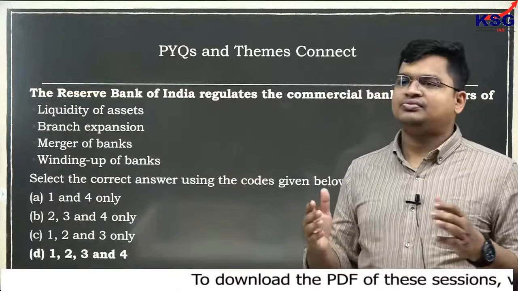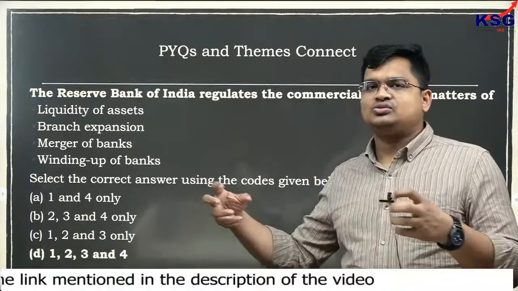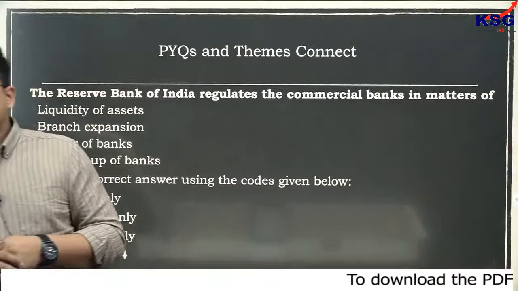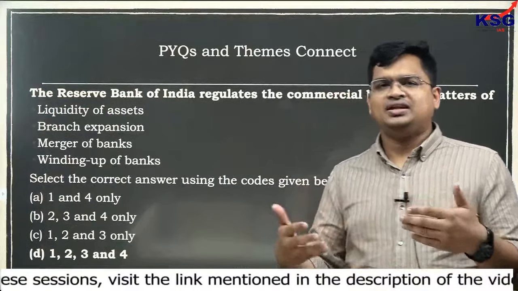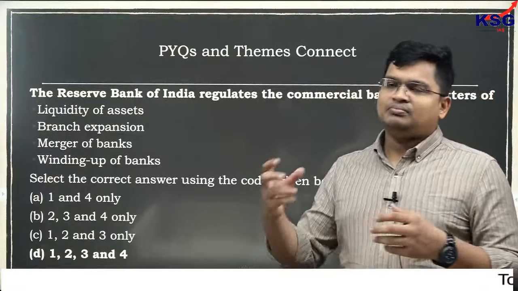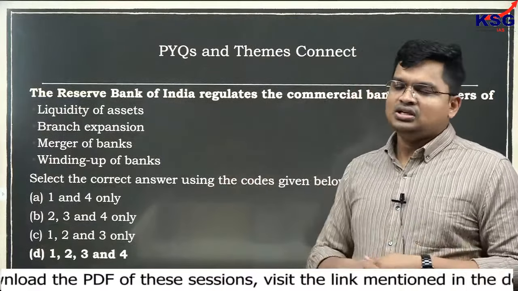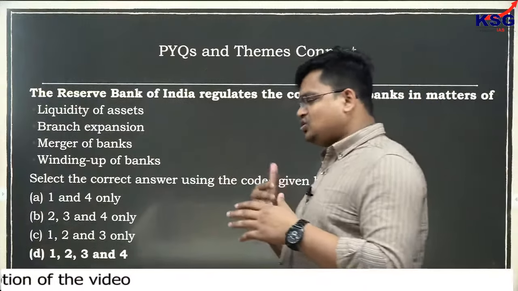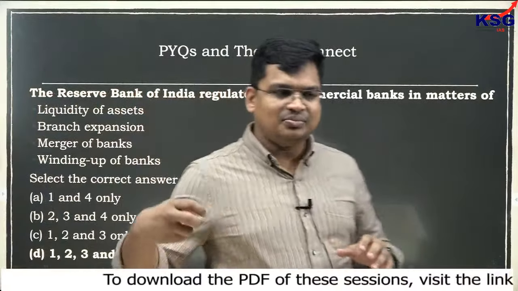Winding of banks. One type of merging is, suppose Canara Bank and Union Bank of India are both merged and operating simultaneously as a single entity. Another type of merging is, suppose Canara Bank has been merged with Union Bank of India, but no such Canara Bank exists anymore, it simply merged.